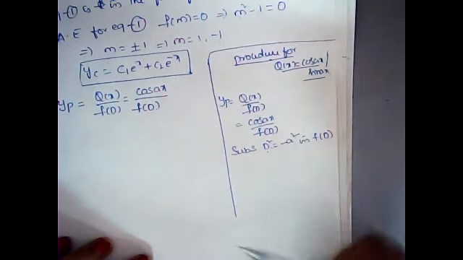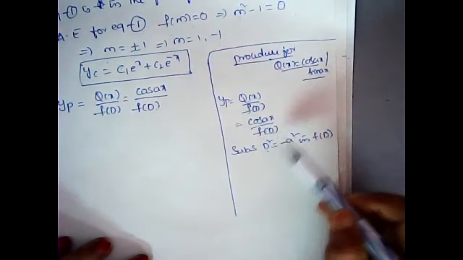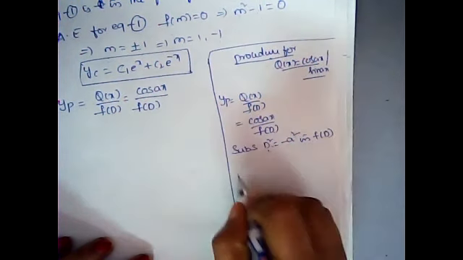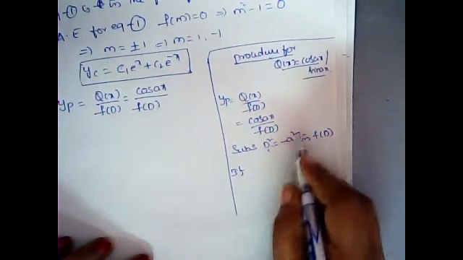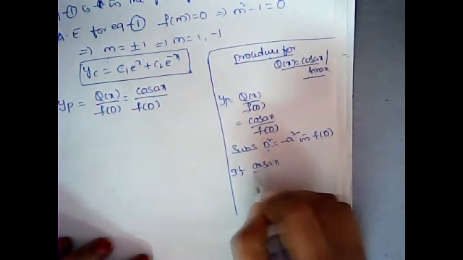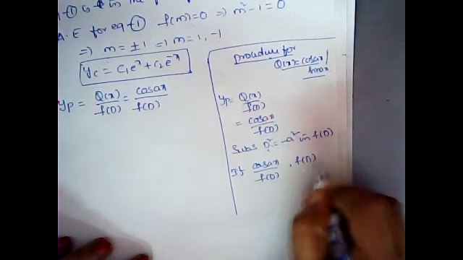I will tell you a problem based on that. Suppose after substituting D squared equal to minus a squared in cos ax by f of D, f of D becomes 0.